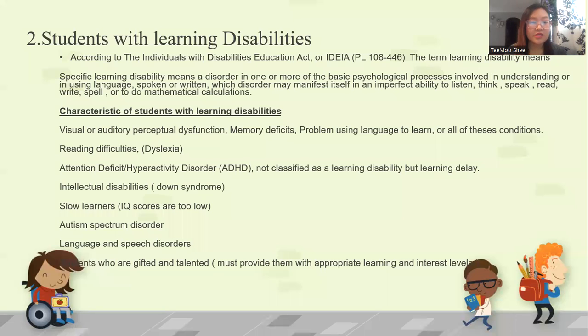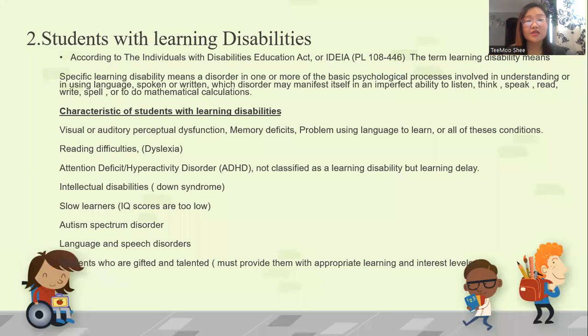There are also intellectual disabilities, for example Down syndrome and slow learners, students with lower IQ scores, autism spectrum disorder, language and speech disorders, and students who are gifted and talented. For these students, we must provide them with appropriate learning at an appropriate interest level.